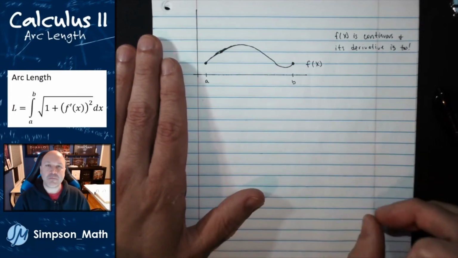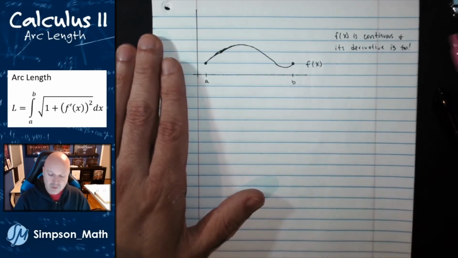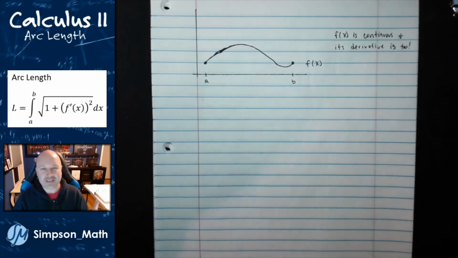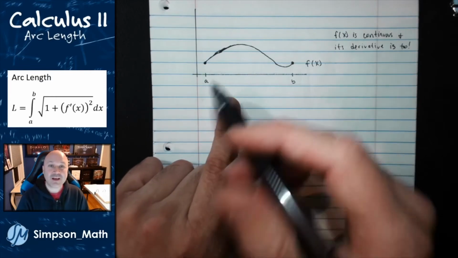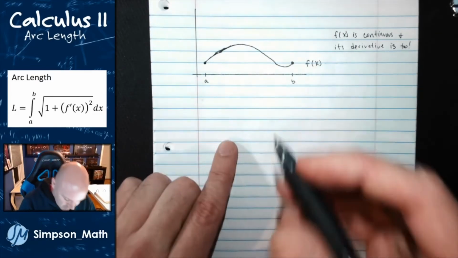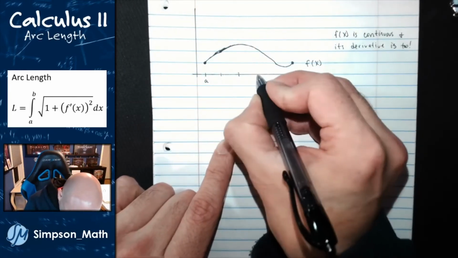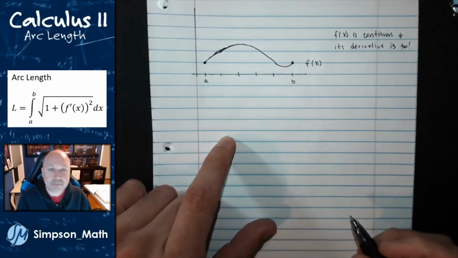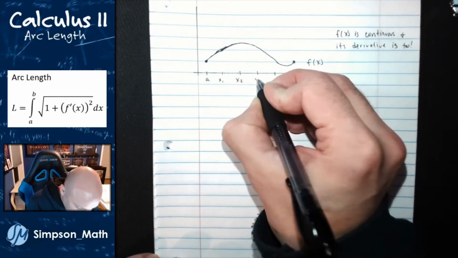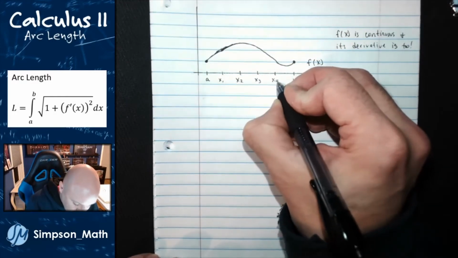I think what I'm going to do is partition this up. That's kind of been the whole story for the past 2 classes of calculus, where we just start to partition things up. So I'm going to cut this into maybe 5 equal slices. I'll call that x1, x2, x3, and x4.